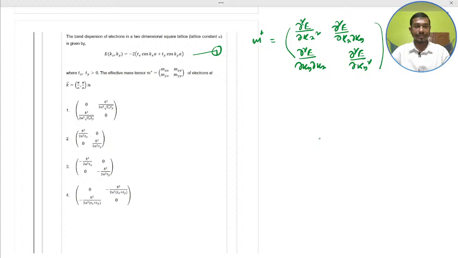This is the effective mass, not reduced mass, in the form of k. So now do the derivative. First expression, just do the derivative, del squared E del kx squared and del squared E del ky squared, and simply substitute.